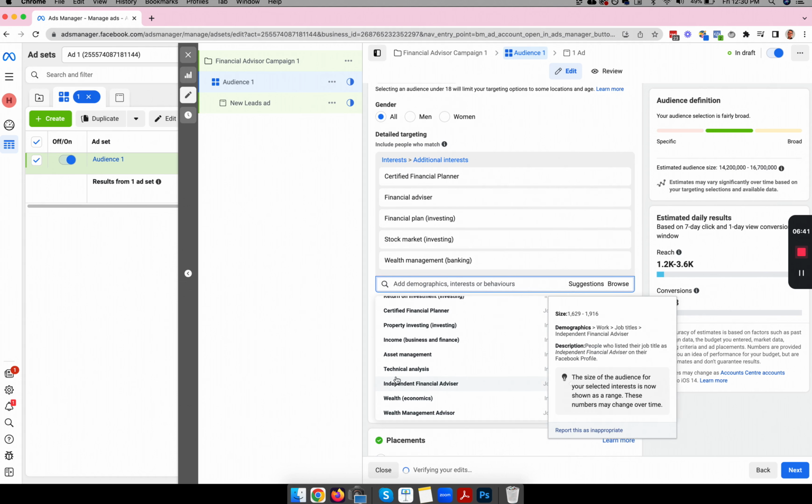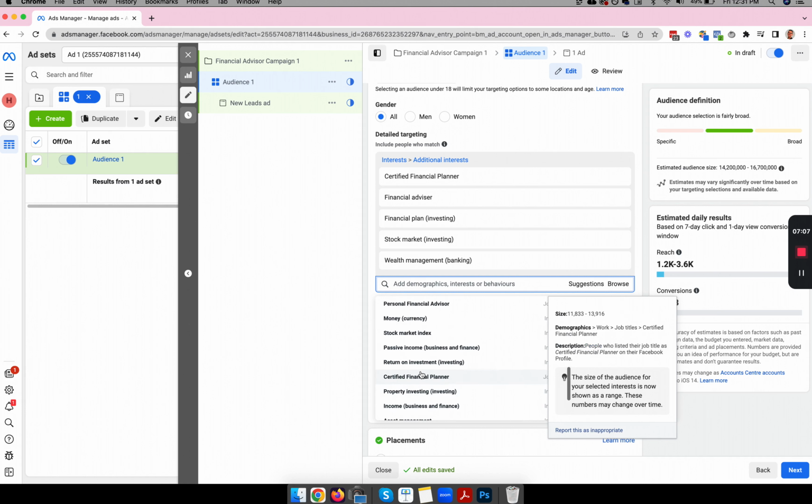So if I target, for example, technical analysis, I want to think about who would be interested in technical analysis. Most likely, it's going to be either financial advisors, day traders, or if it's a pre-retiree/retiree, that's somebody who wants to do it themselves. That's why they're interested in technical analysis. So that's not going to be the right audience for a financial advisor ad. So this audience I would stay away from, right?